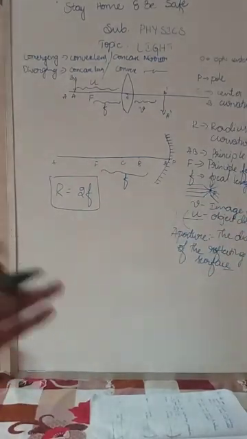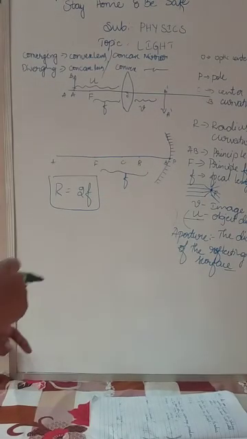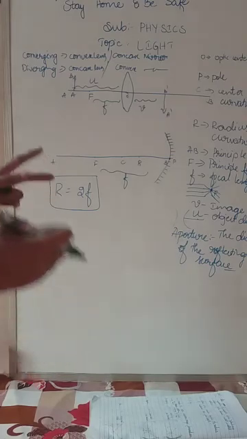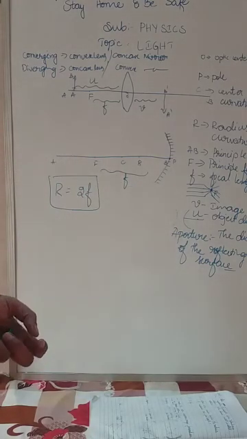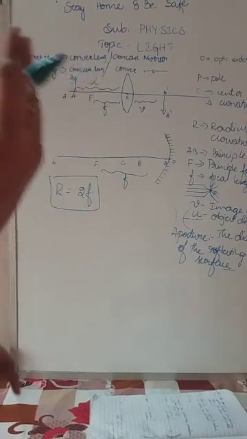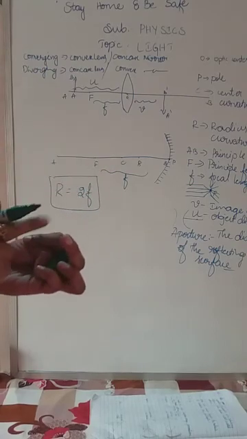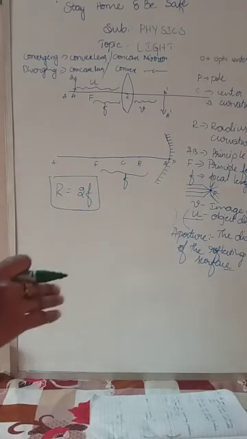In your textbook or class book there will be ray diagrams showing the images formed in the concave mirror. You have to copy that. There you want to write four columns mainly. One is position of the object, second is position of the image, third is size and nature of the image, and the next one is the diagram.